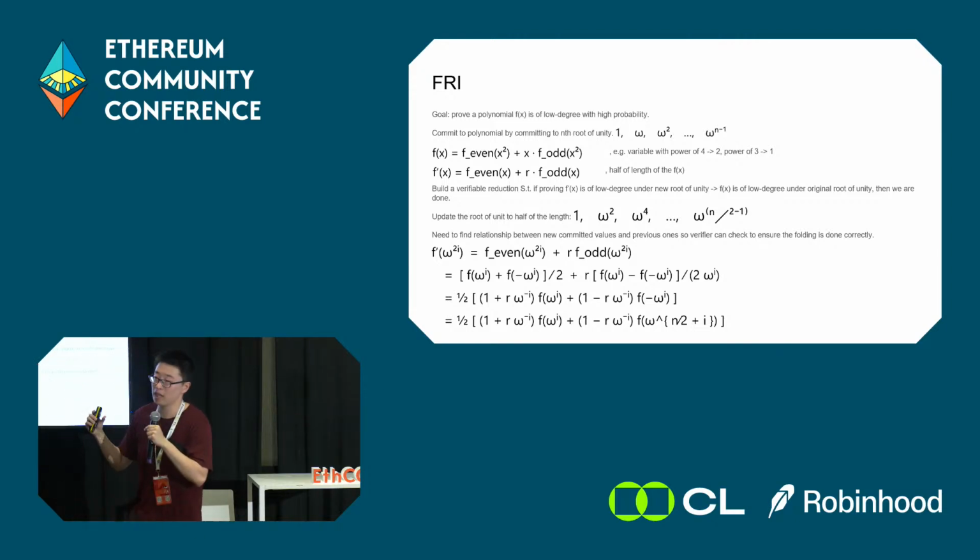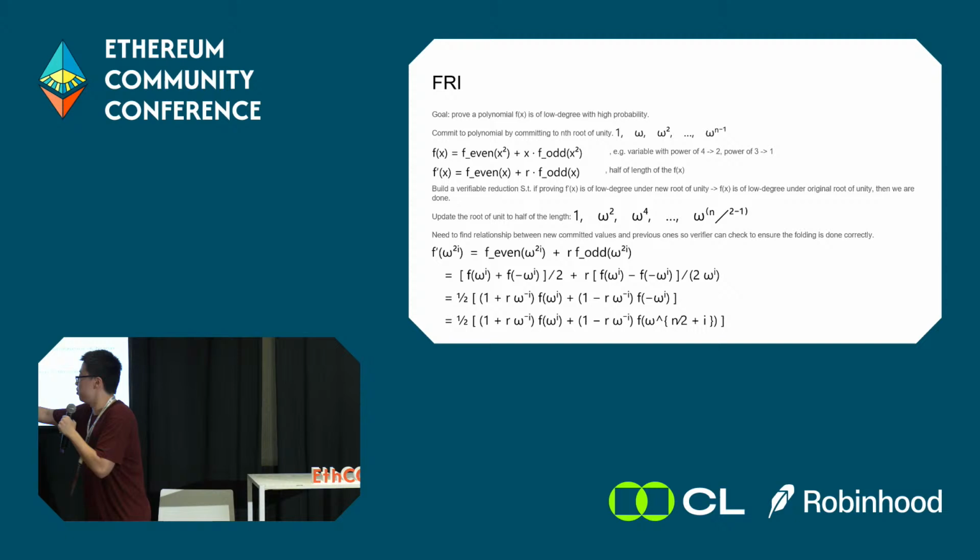Then we need to find the relationship between the new committed value and the previous committed value, so that the verifier can independently check this relationship. And the way we can find a relationship is through this math deduction. This formula is fairly straightforward. Basically, expand this. This is just to cancel out terms.